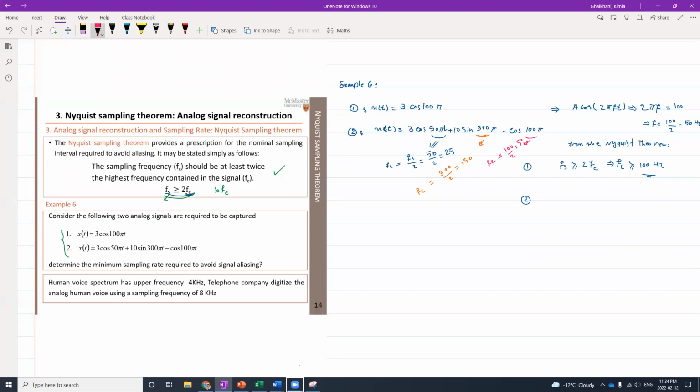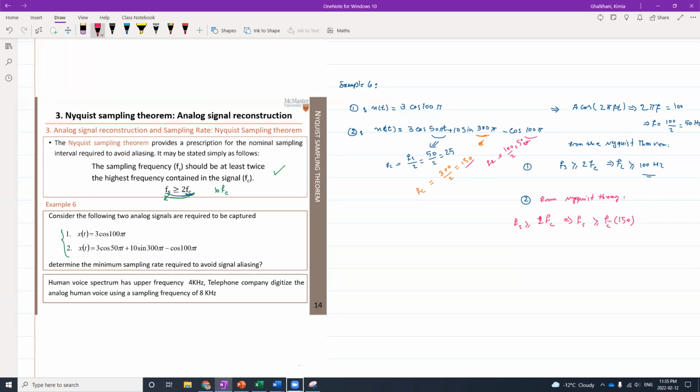So then from here, again from Nyquist theory, what do you have? You have Fs bigger than 2 Fc. So Fs is bigger than 2 times 150, right?